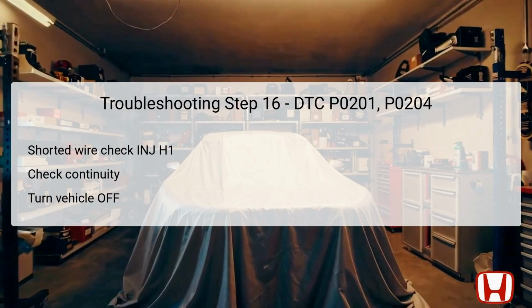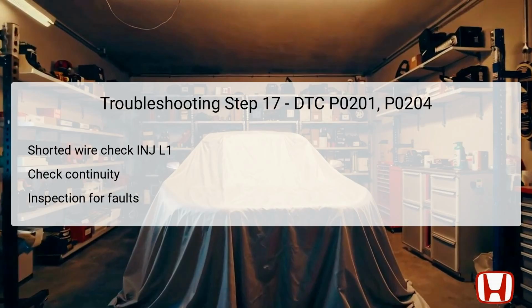If absent, it requires immediate examination and repair of the wiring issue. This step is pivotal in ensuring reliable fuel injector functionality, as breaks in the wire can lead to unpredictable engine behavior.